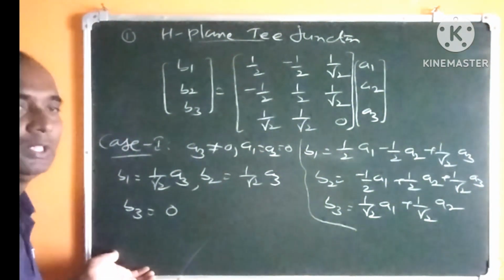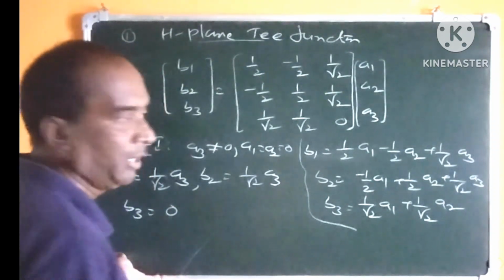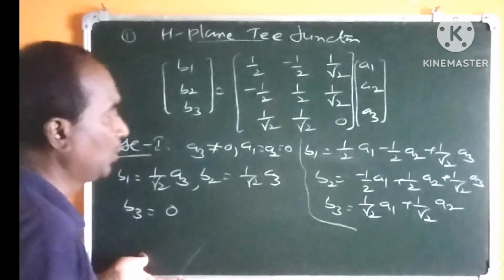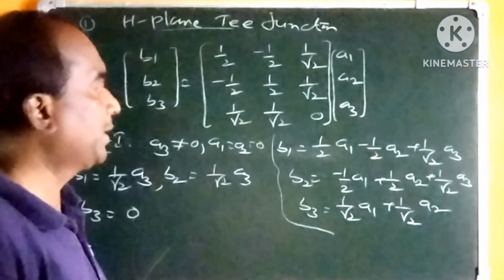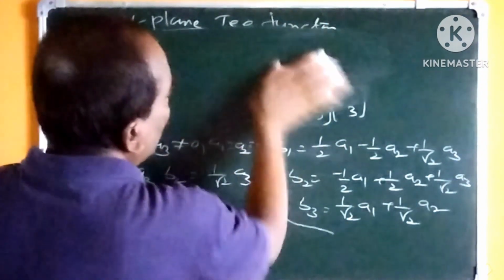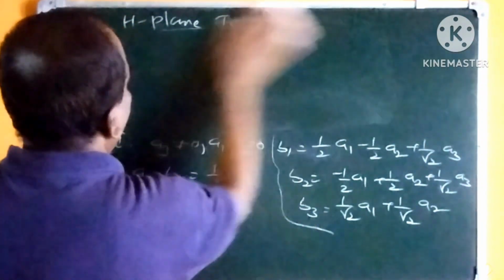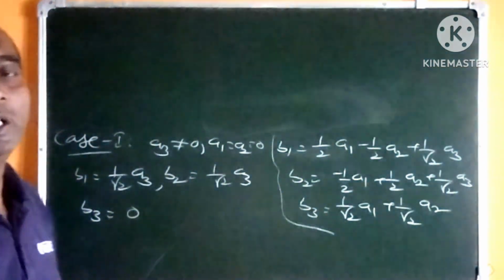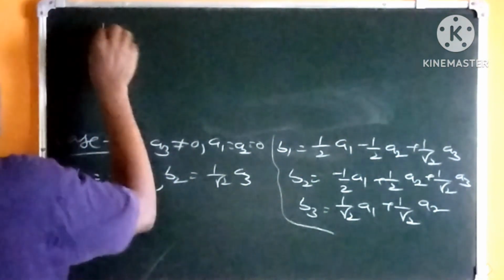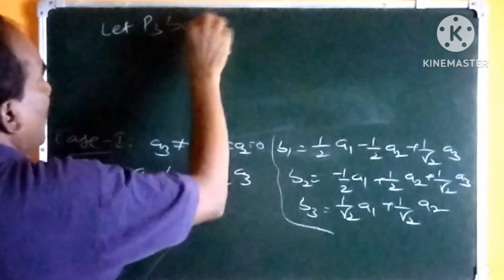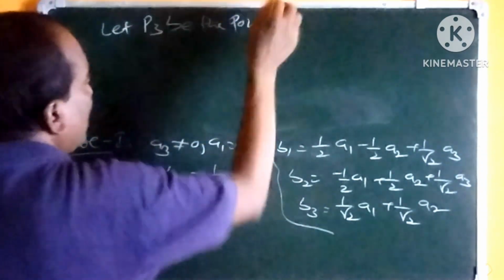For example, if the power is given at port 3, with no power at port 1 and port 2, now you can see how it is split between port 1 and port 2 as a 3 dB splitting. Let P3 be the power applied at port 3.